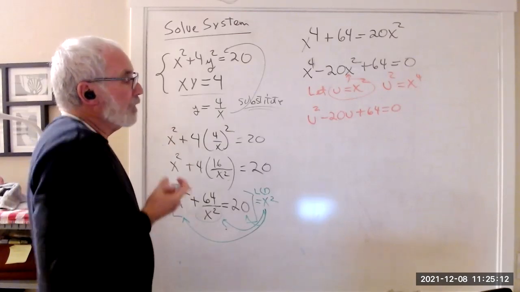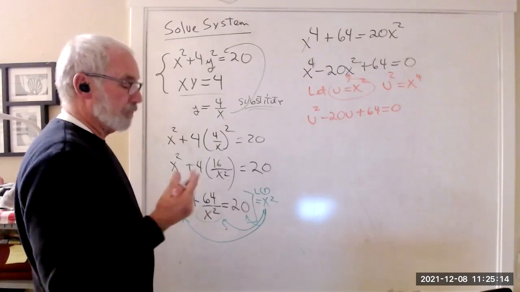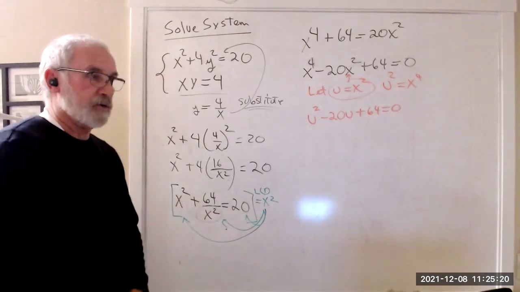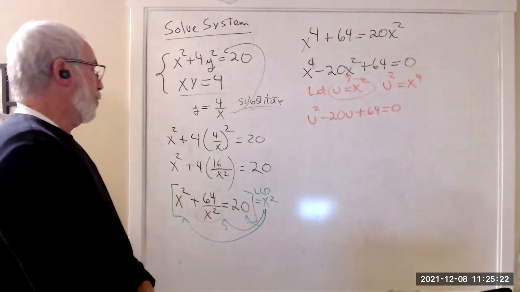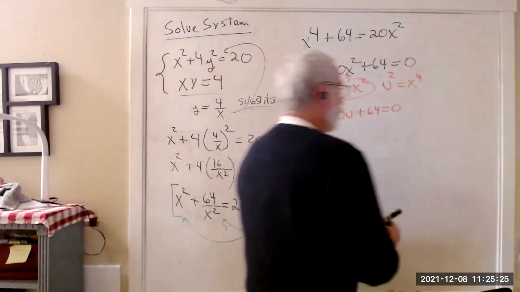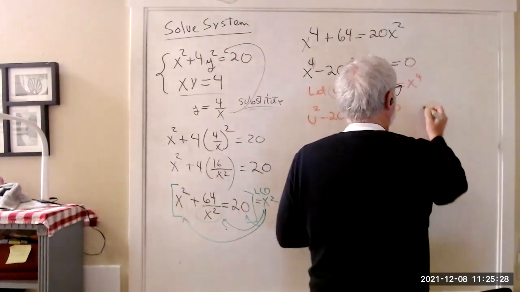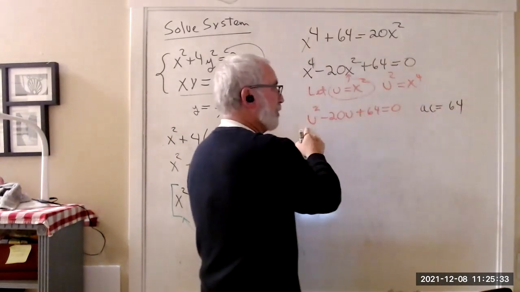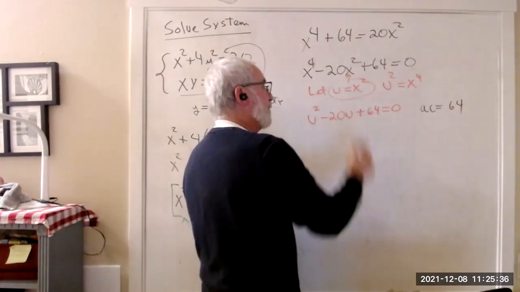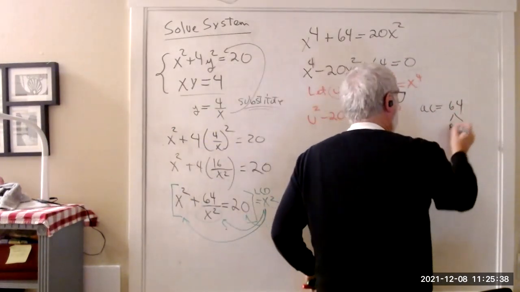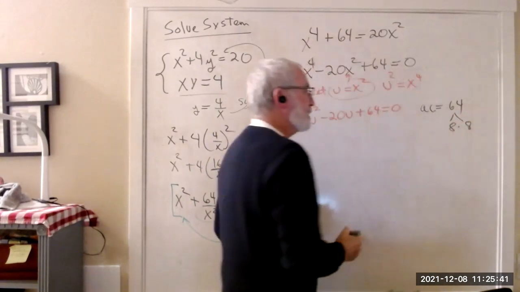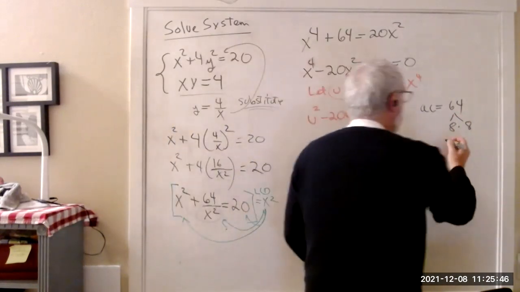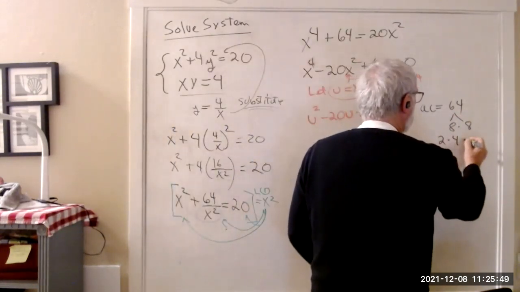Now what? Well, now I'm supposed to factor it. So now you spend your time going, uh-oh, how do I factor it? Well, it turns out that if you use AC is 64, like we did here, you go, okay, I kind of know that's 8 times 8, but what if I did it as 2 times 4 times 8?